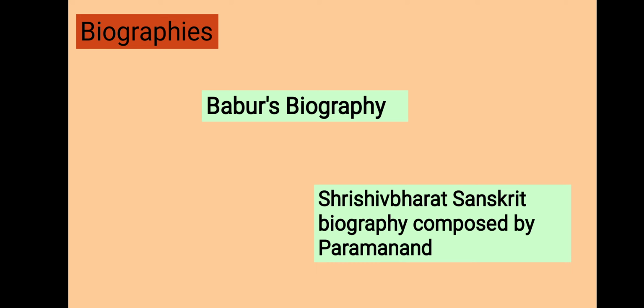In India, the biography of Mahatma Gandhi is also very famous. What is meant by biography? From a biography, we get information about a particular person or particular king. So all information about that person we get from the biographies. Here, the biography of Babar and the biography of Shivaji Maharaj are very important.